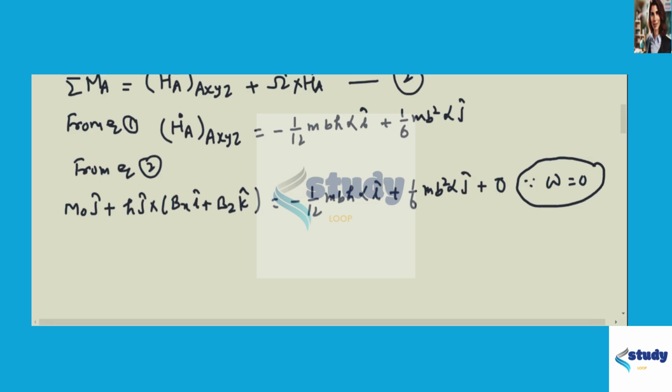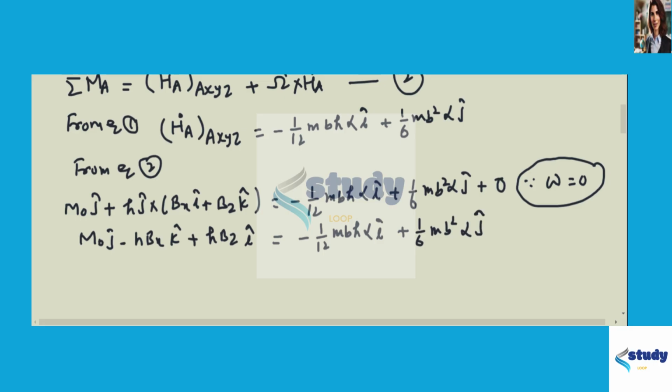So by solving it, we can write M0 j cap minus h Bx k cap plus h Bz i cap to be equal to minus 1 by 12 m b h alpha i cap plus 1 by 6 m b square alpha j cap.